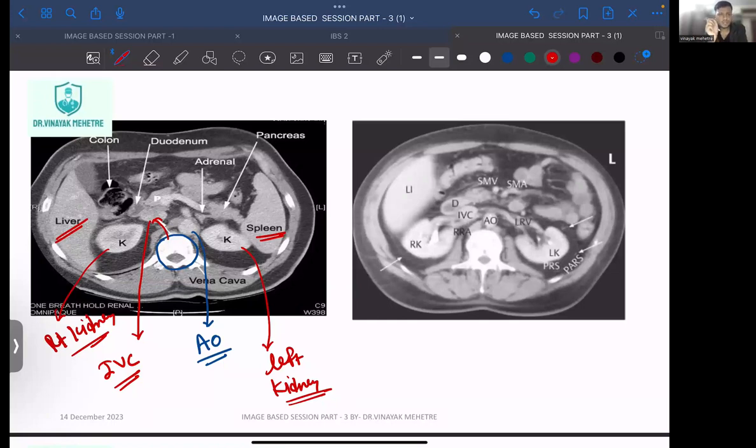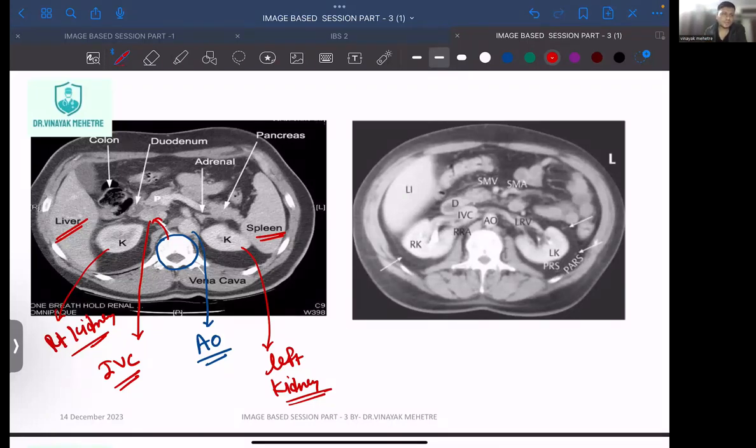Just near the vertebra is the abdominal aorta. To the left on your screen is your inferior vena cava, and the kidney on the left of your screen is actually the right kidney. So in short, everything will be opposite on the CT scan. This is going to come again.